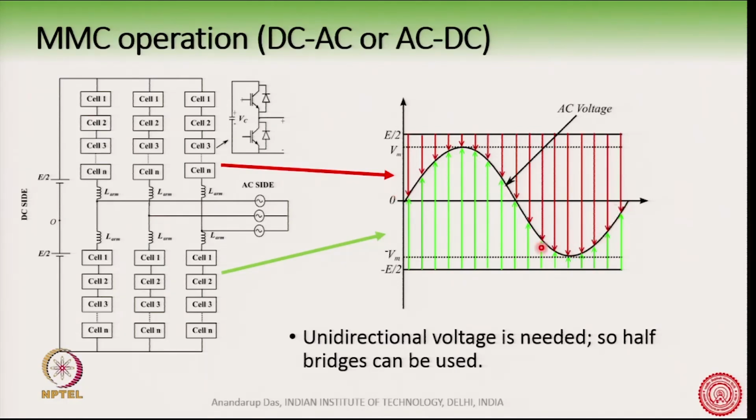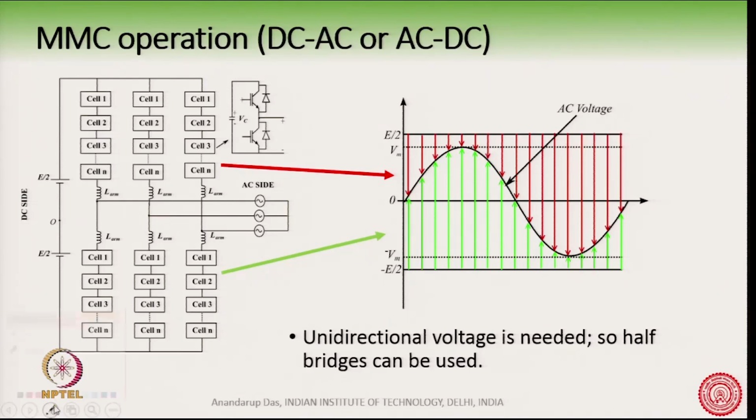The upper arm and the lower arm were producing voltages which are given by these arrows. Now, instead of this flat DC, can we have a fluctuating line, instead of this line being a flat line?